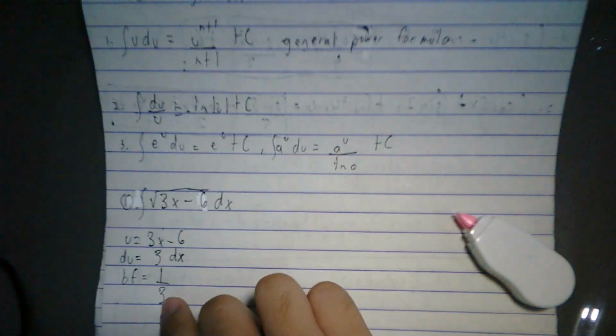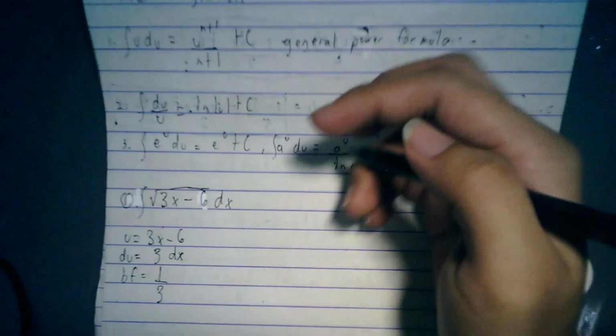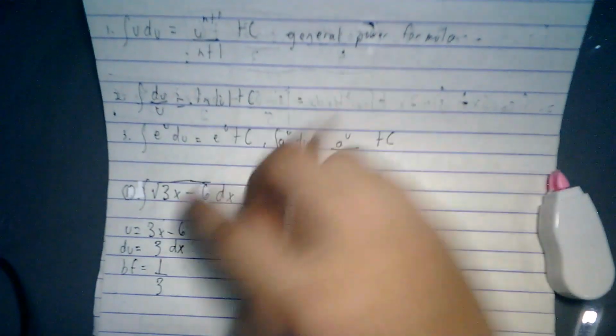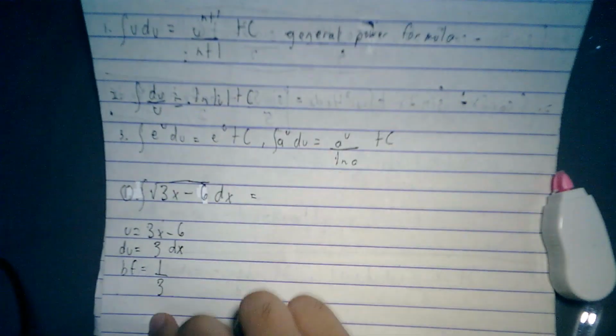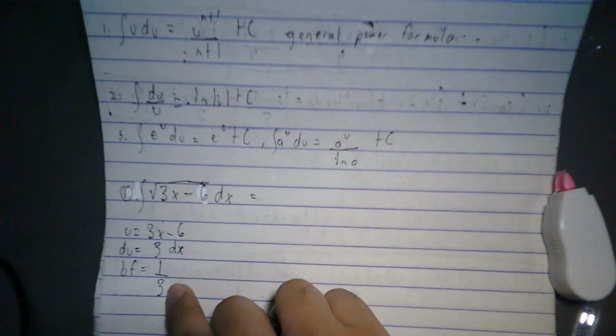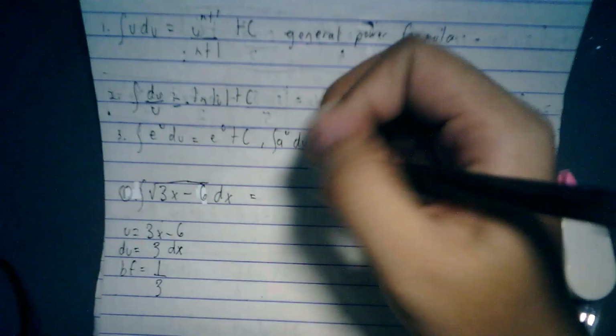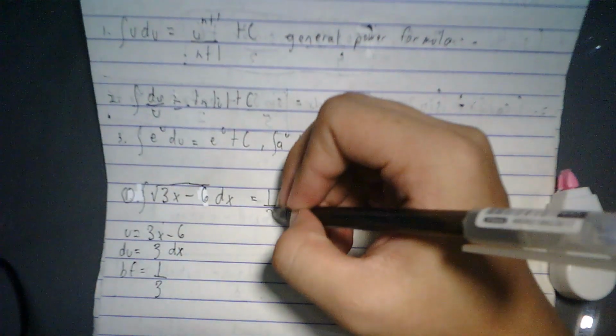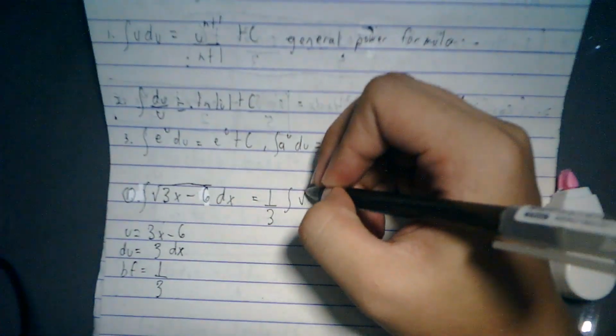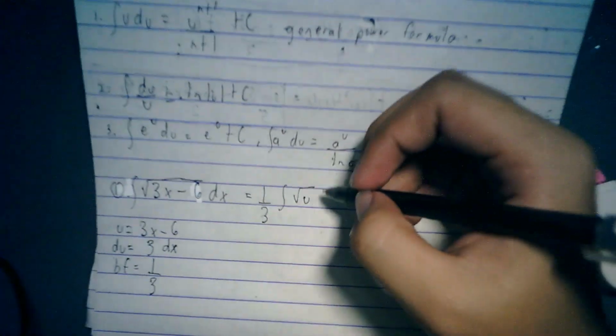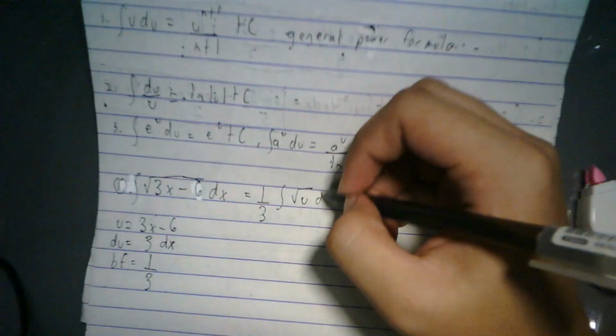So the balancing factor is 1/3. Now we solve this problem. Put your balancing factor outside, don't forget it. So 1/3 the integral of square root of u du.